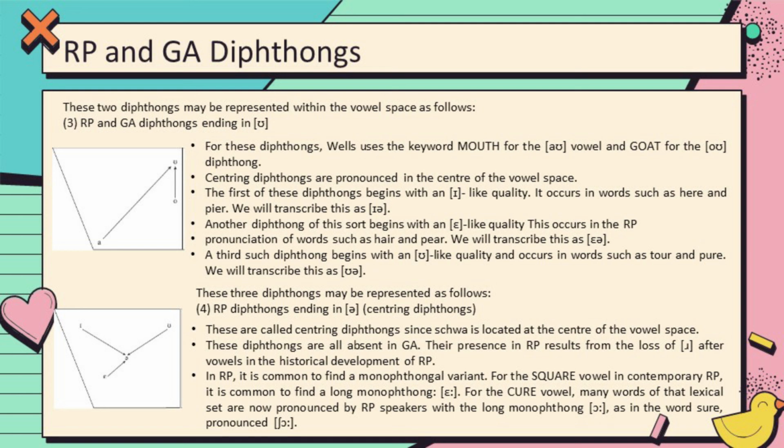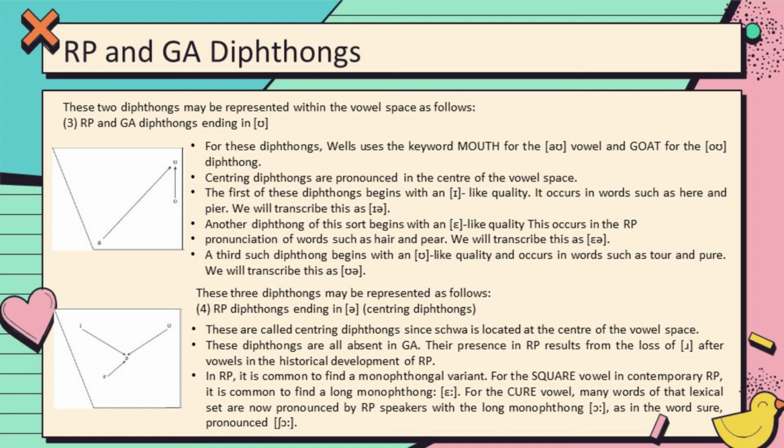Centering diphthongs are pronounced in the center of the vowel space. The first of these diphthongs begins with an E-like quality. It occurs in words such as here and peer. We will transcribe this as ɪə. Another diphthong of this sort begins with an ɛ-like quality.